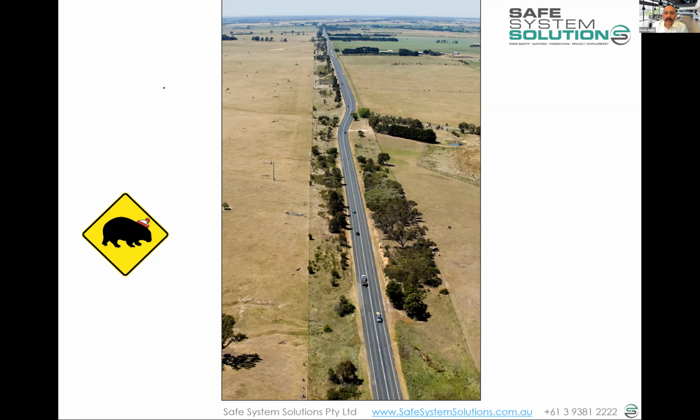But there you go, we know the issue. We know people are falling asleep, and a lot of you are saying fatigue is a big reason why they're leaving their lane, falling asleep, and having those crashes. The mechanics of that crash is quite interesting.